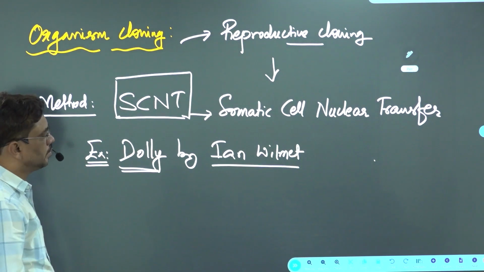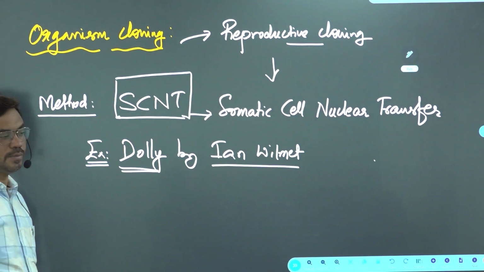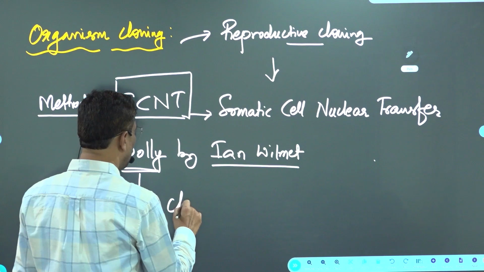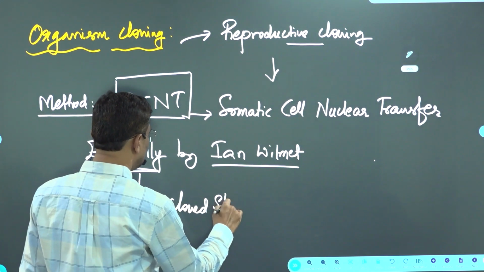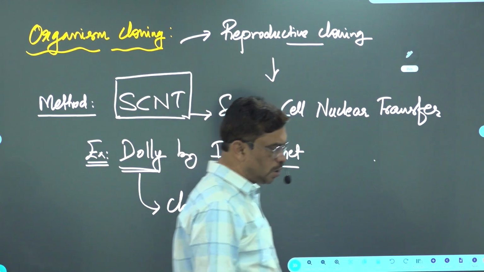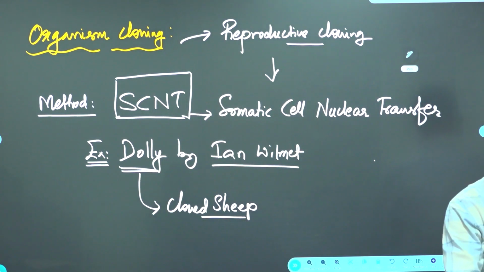Ian Wilmut. So the production of Dolly by Ian Wilmut. What is Dolly? It is a cloned sheep. Dolly is a cloned sheep.